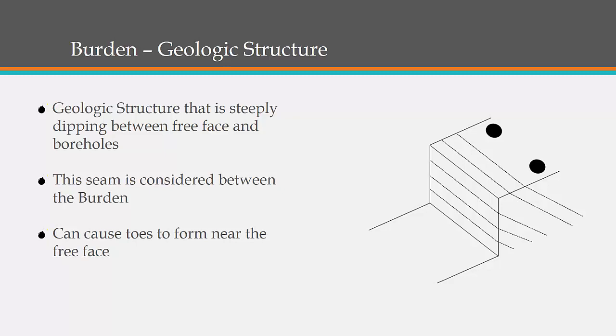So this is again going to be considered a burden type of geologic structure, just like the hard seams we previously talked about. The reason these are considered burden is because these are between the boreholes and the free face, or in the burden of the blast. And the way we fix these problems is by reducing our burden so we allow more explosive energy, assuming that we have proper explosives, proper design, and that we have proper SOPs for drilling and loading.